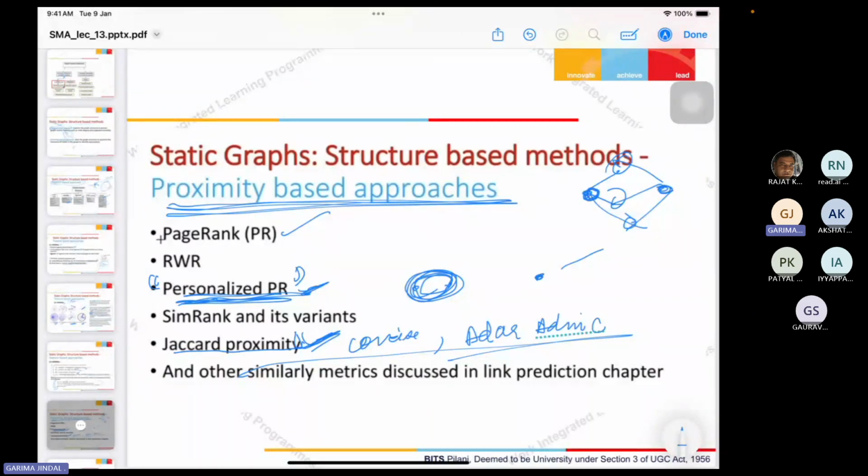There were different measures that we used there to calculate how close this node is to that node. Although these nodes are not connected to each other, we can quantify their closeness by using these proximity measures. It tells us how close this node is to the other node. In link prediction, we use the closeness measure to identify whether there can be a link between these nodes or not.